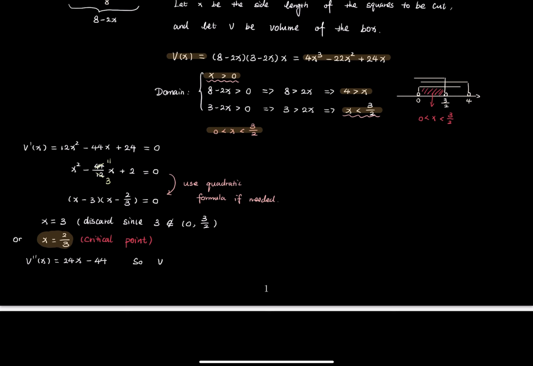That means v double prime of 2 over 3 is 24 times 2 over 3 minus 44. You can calculate it yourself. This is 8, so that's 16 minus 44. That's negative 28, which is smaller than 0.